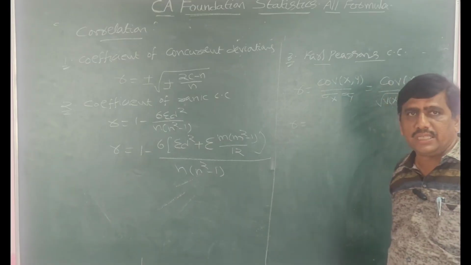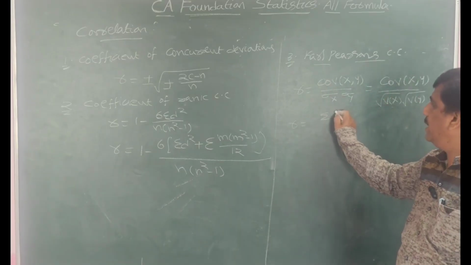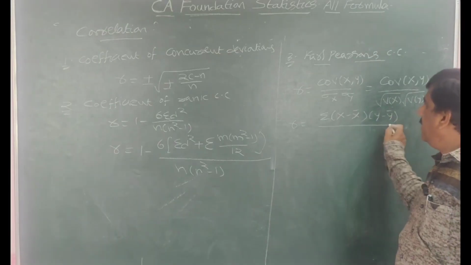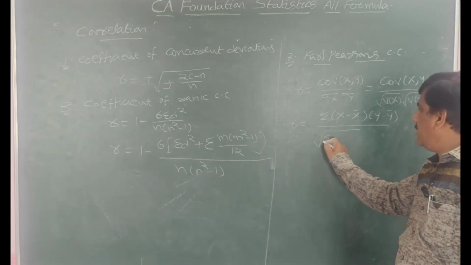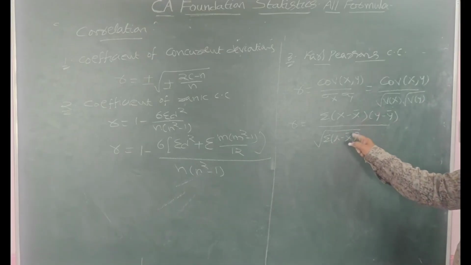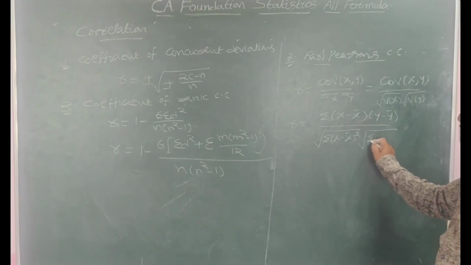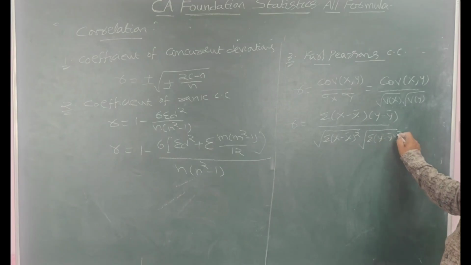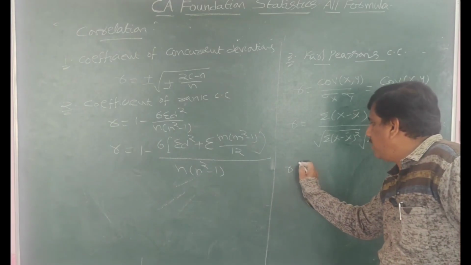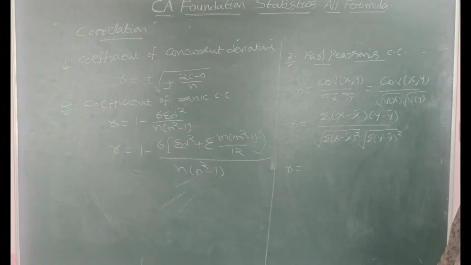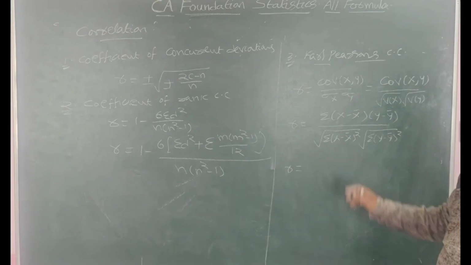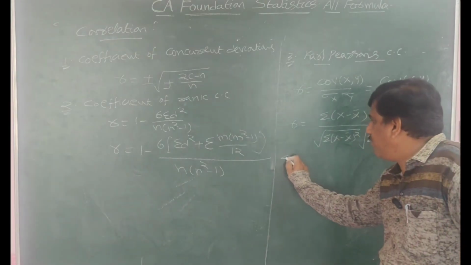Otherwise, if deviations are given, our formula will be summation x minus x bar into y minus y bar, divided by the square root of summation x minus x bar whole square, the sum of squares of the deviations from the mean of x, into the square root of summation y minus y bar whole square. This is the deviations method. And there is another formula, the no deviations method. Whenever values are given without covariance, standard deviations or deviations, you will mostly use this formula.